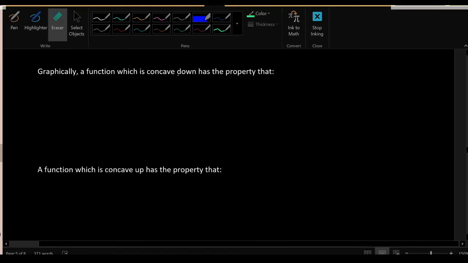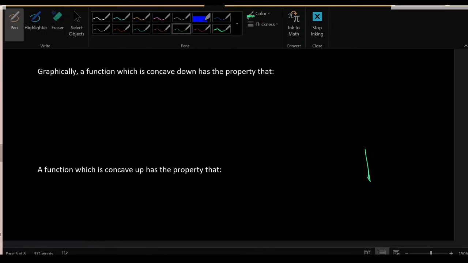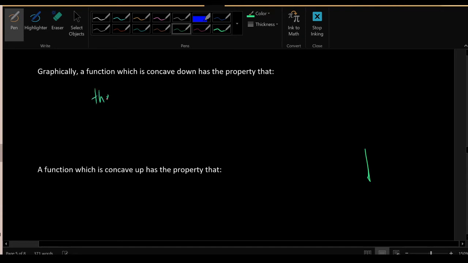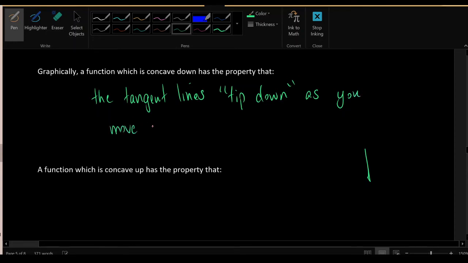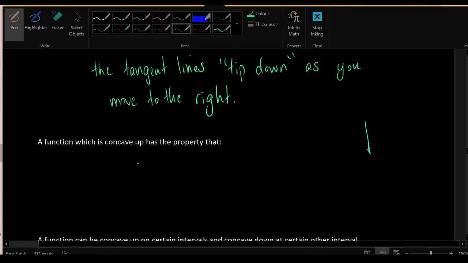Graphically, a function which is concave down has the property that the tangent lines begin to tip downward as you move from left to right. Whereas a function which is concave up graphically has the property that the tangent lines pull up as you move to the right.